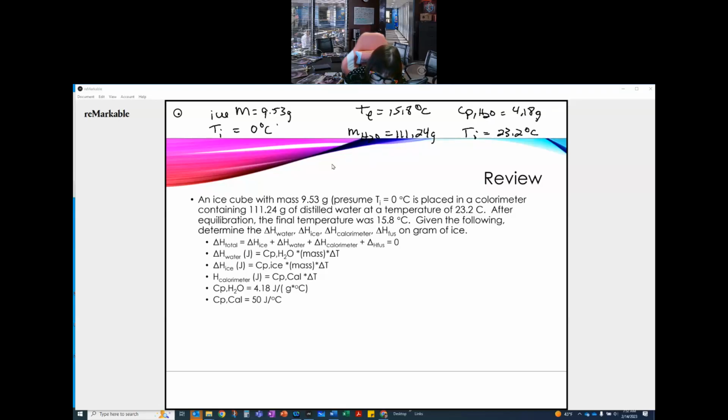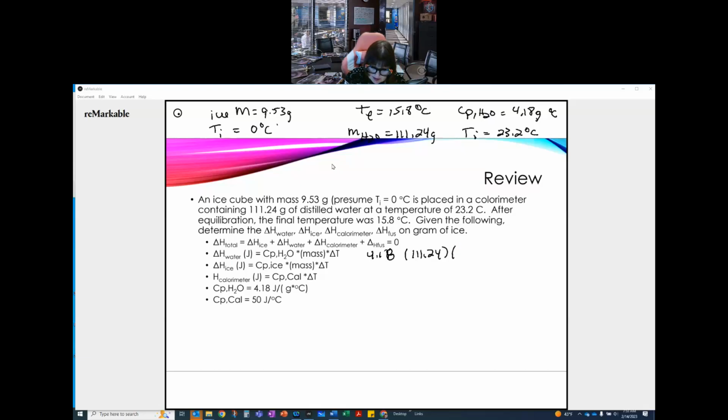Okay, so I take that Cp for the H2O, the 4.18, multiply that by the mass, 9.5, oh no, wrong mass, 111.24 grams.